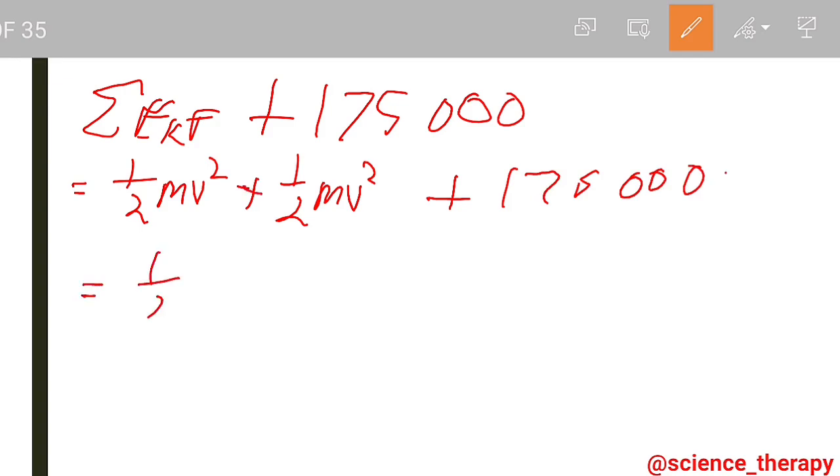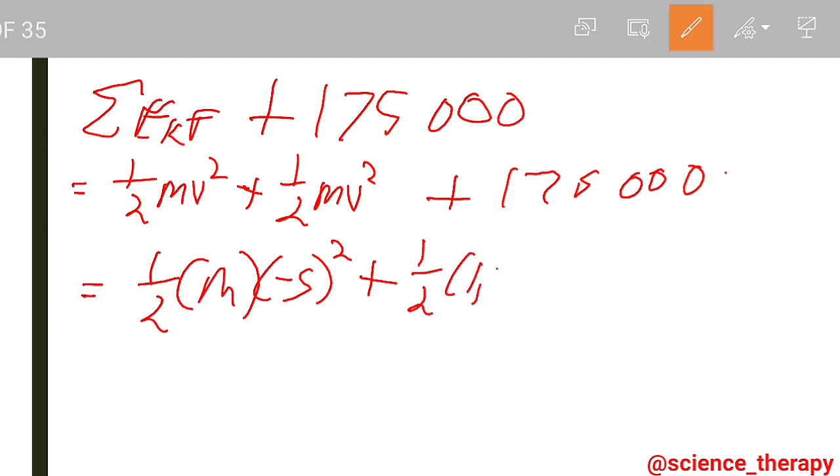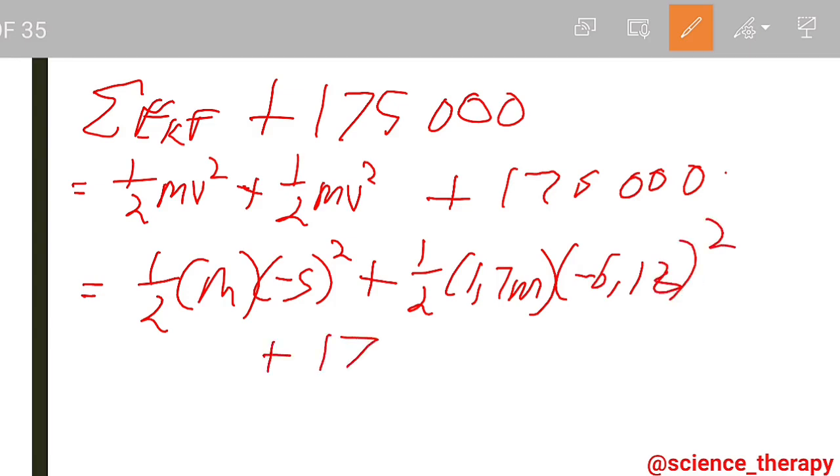Then now we have half the mass is m, and then the velocity finally is -5, remember. Then half the m is 1.7 m, and then the velocity finally we have calculated it to be -6.18, and then remember to square it, then plus that 175,000, right?